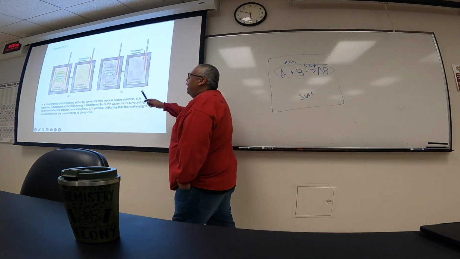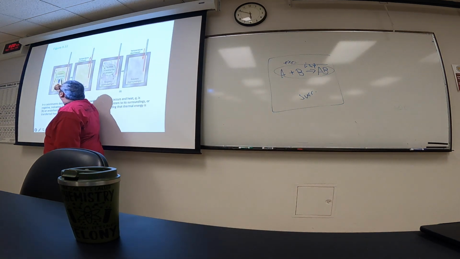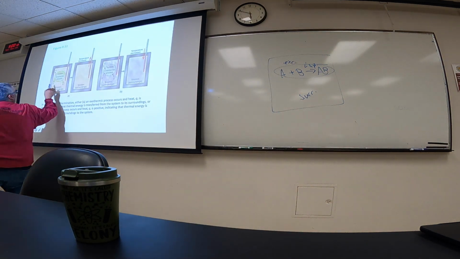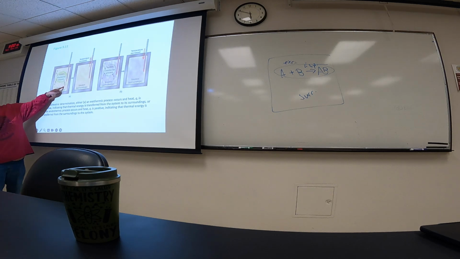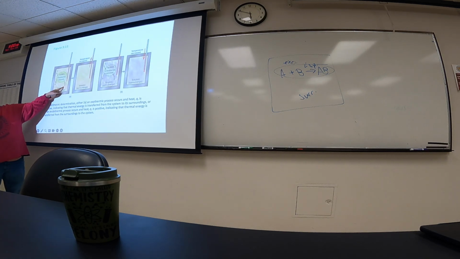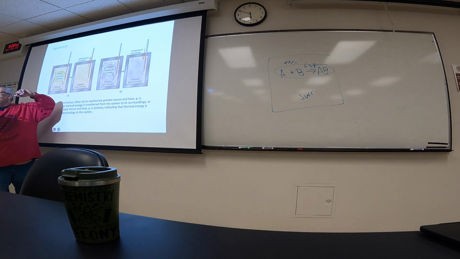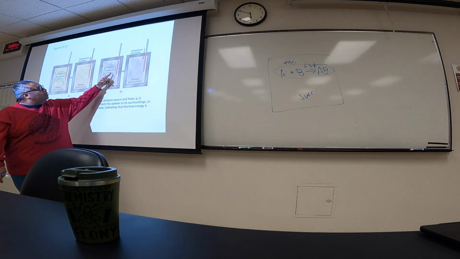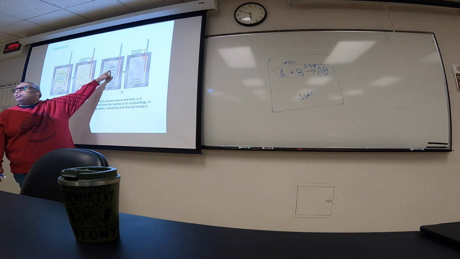So here we can see exothermic reactions release heat. That's why you see this Q here. We know Q to be heat. There's a release of heat, and that raises our temperature. Endothermic reactions absorb heat. So this is why we see Q going into the reaction.